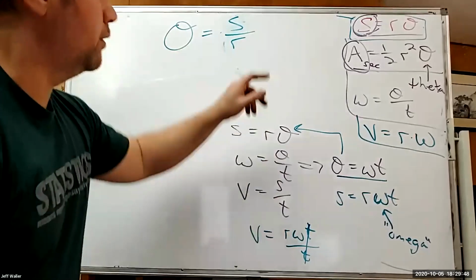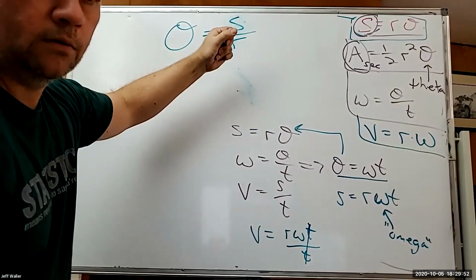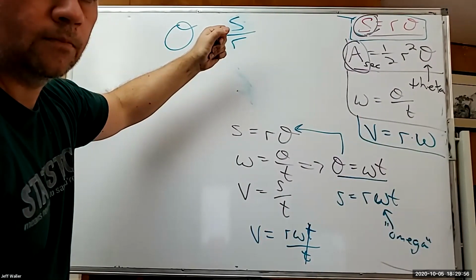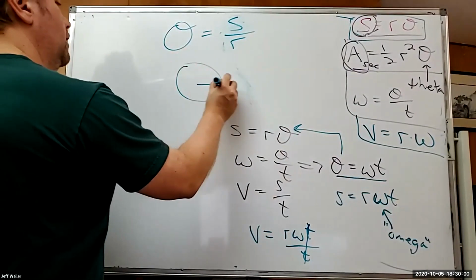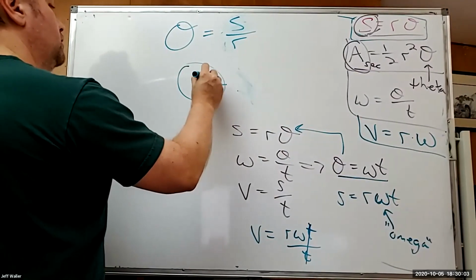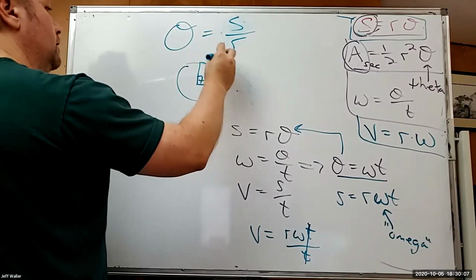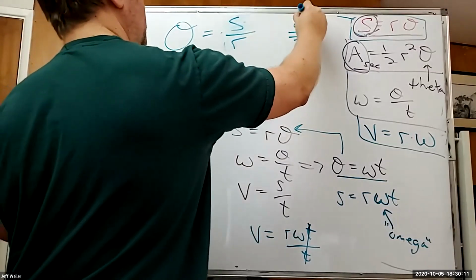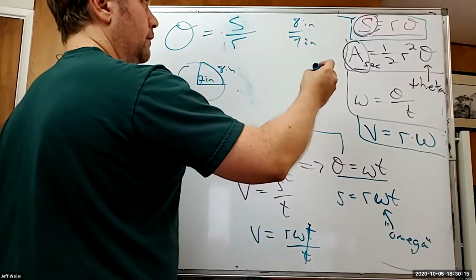So what happens to units when I put them in? If I had a circle and the radius was 7 inches, and this arc length was 8 inches, when I do 8 divided by 7 inches, what happens to the units? They cancel.